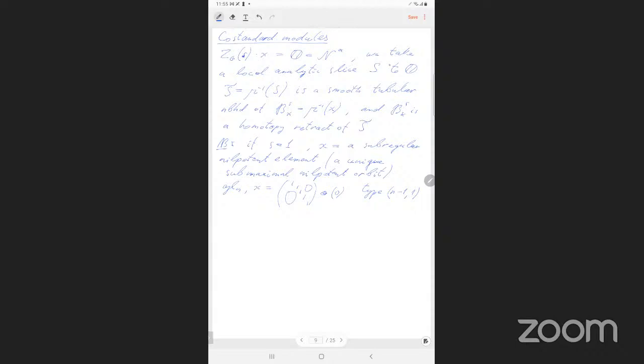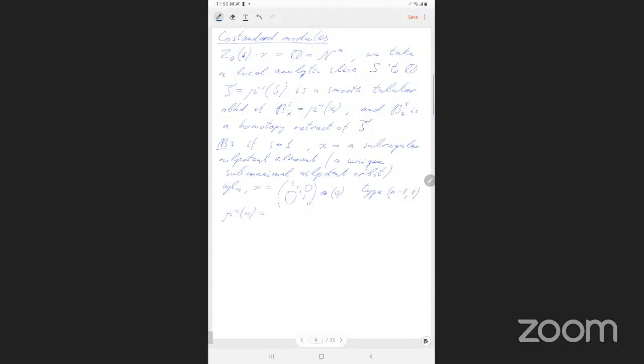Okay, so if this is so, then the Springer fiber is one-dimensional, so it's a curve, but it is a singular curve.